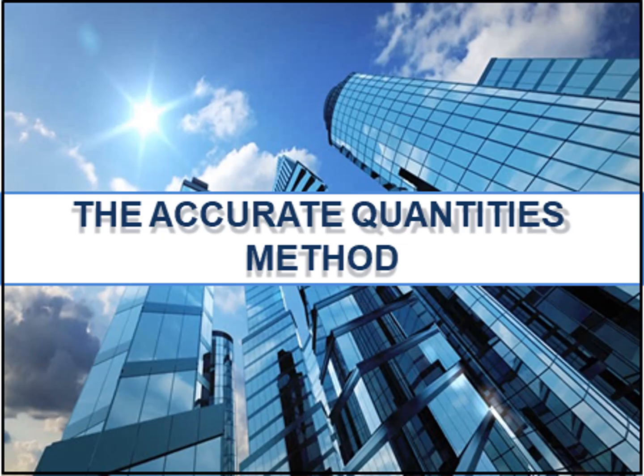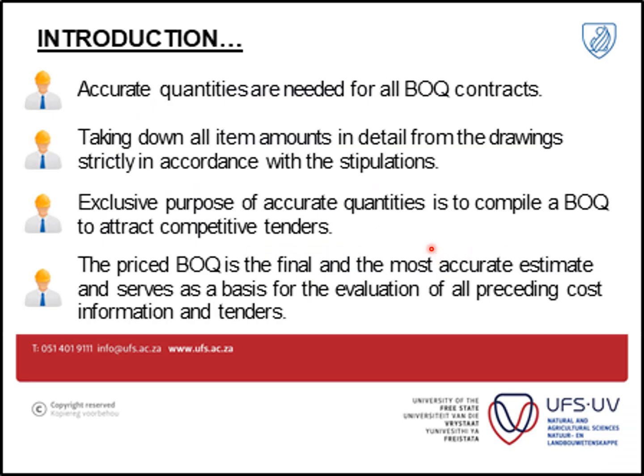Then we get to our accurate quantities, and you will see the theory on this is also not too much because it's covered in other modules. Accurate quantities are needed for all BOQ contracts, taking down all item amounts in detail from the drawings, strictly in accordance with the stipulations and guidelines like your standard system or your SANS measurement system or your British system.